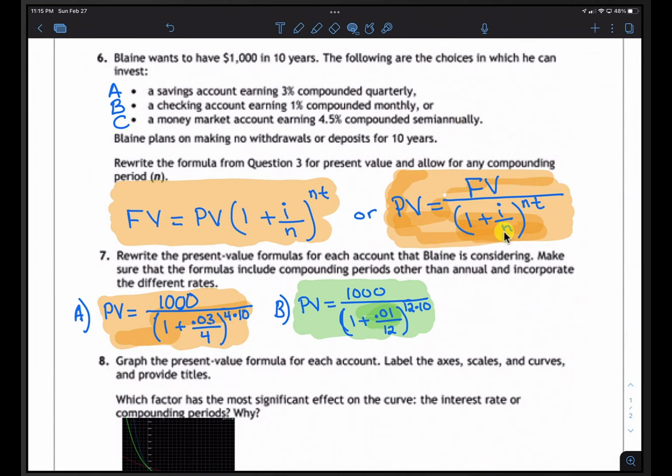So n would be 2. And then the n up here is also 2, and then t is still 10 years. So there is your account C. Present value is 1,000 divided by (1 plus 0.045 divided by 2), all raised to the power of 2 times 10.